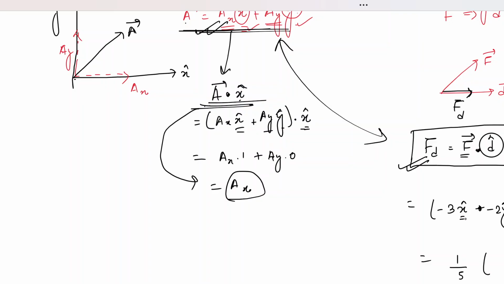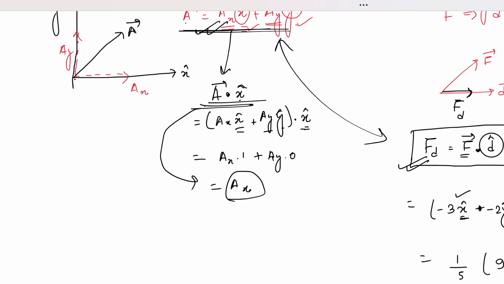Now you deal with the simple dot product, taking individual unit vector components like I did for problem number 1. So you see how simple this is. You just look at x cap, you bother about nothing else. So minus 3 into minus 3 is plus 9. Then you take y with y only, so minus 2 into plus 4 is minus 8.